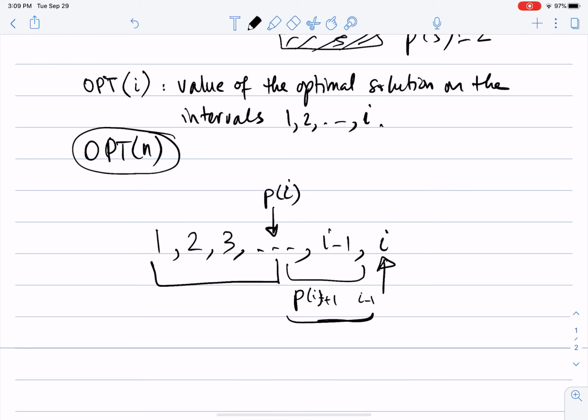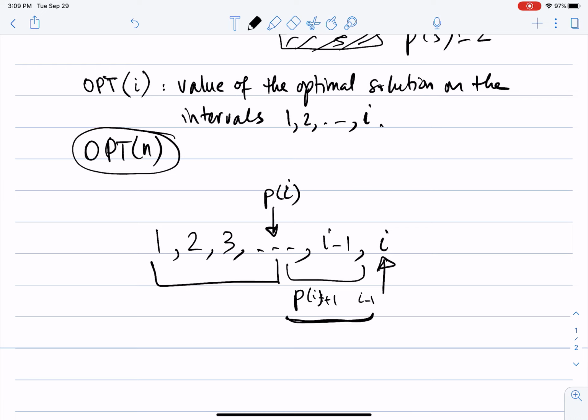These intervals cannot be in the same solution that includes I. I is not compatible with interval I minus 1. It is not compatible with I minus 2. It is not compatible with any of the intervals all the way down to P of I plus 1.